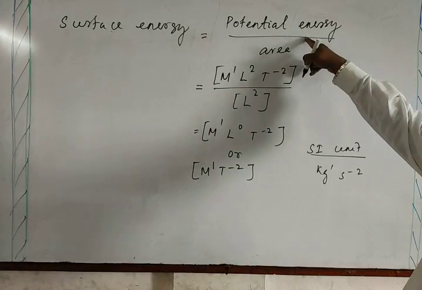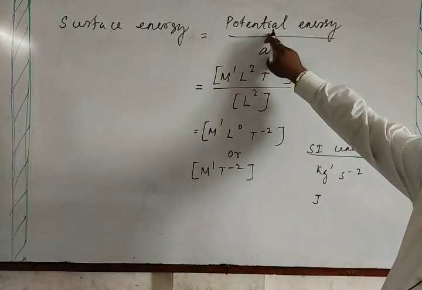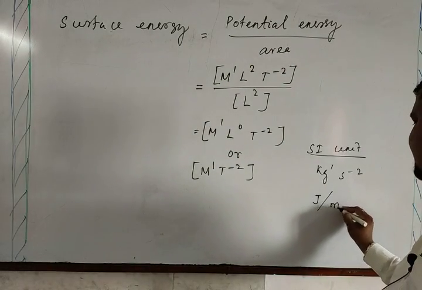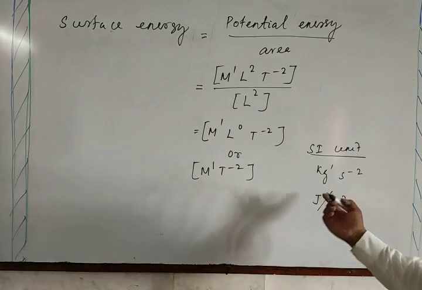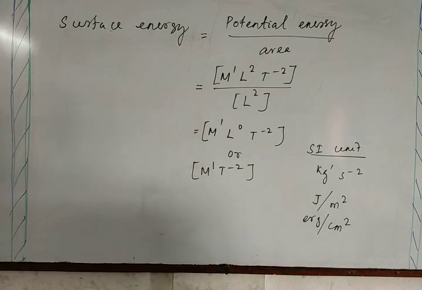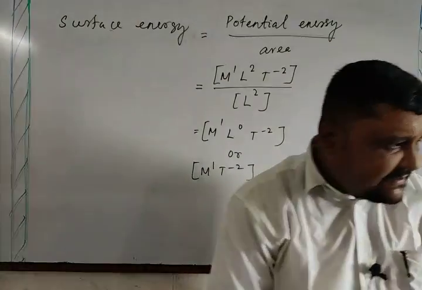Or from this formula you can also know the SI unit: the joule is the unit of potential energy, and per area means per meter square, so joule per meter square. The CGS unit would be per cm square. In that way you can calculate the surface energy.